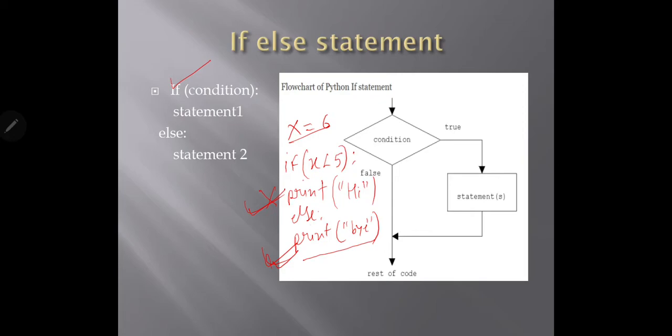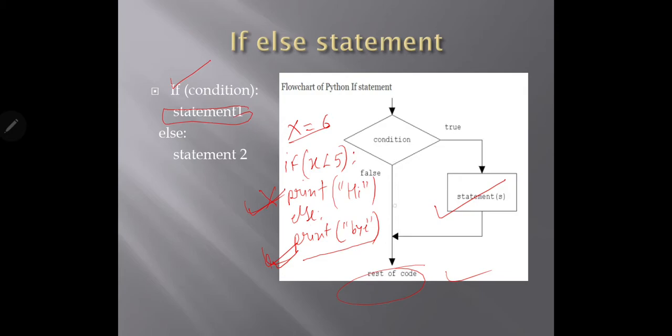This is the flowchart of the if else statement. It is very simple, you can see. This diamond box represents the condition. If the condition is true, then this statement will get executed, this is statement 1, and then the rest of the code will get executed.